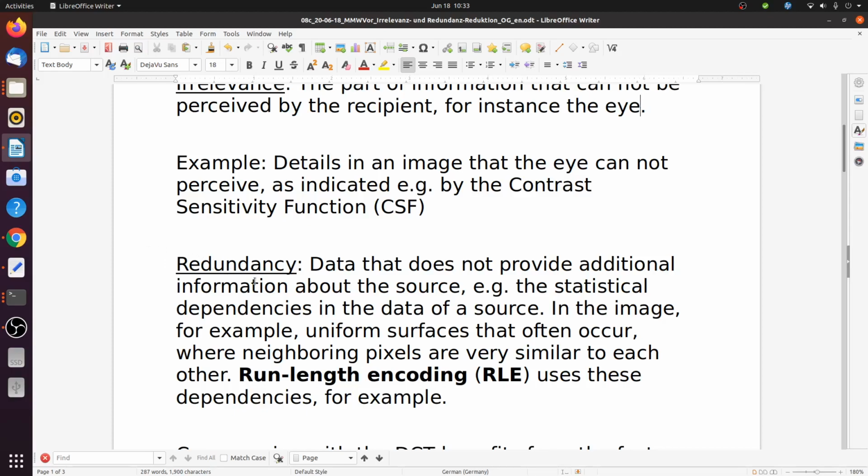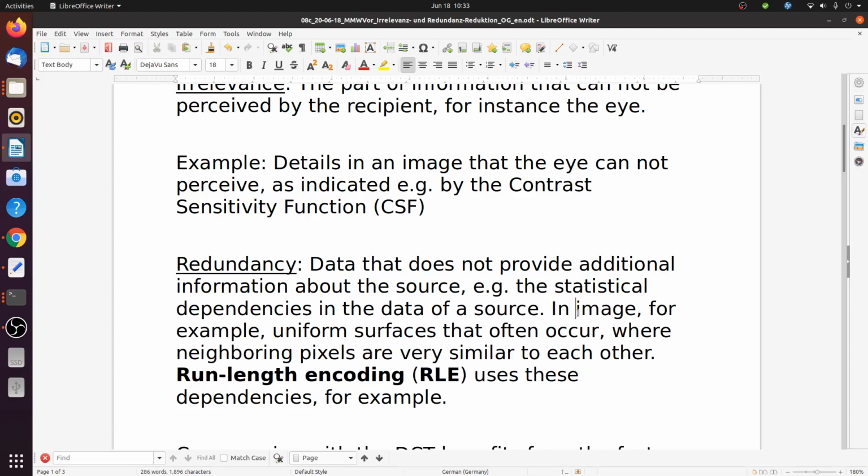Yeah, and in images we often have this case that neighboring pixels are very similar.